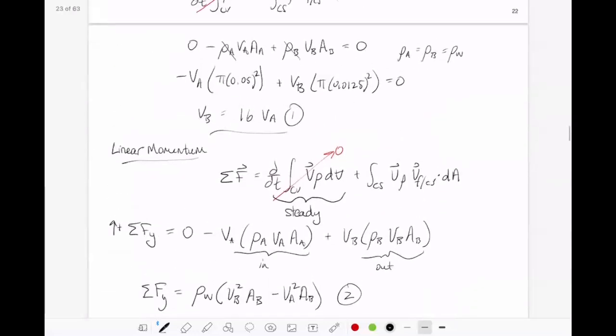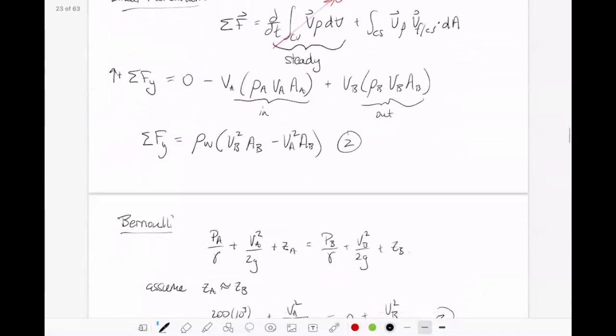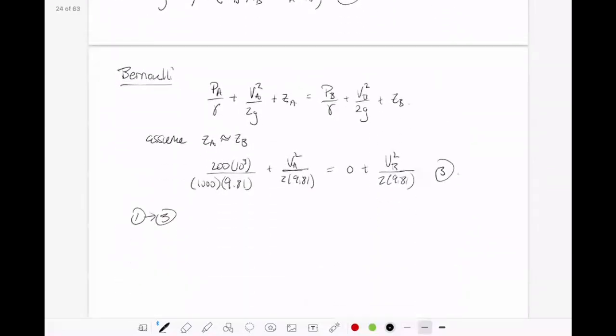Equation 1 was from our conservation of mass. So VB is equal to 16 VA. We would find VA is equal to 1.252 meters per second. And then VB is equal to 20.04 meters per second.